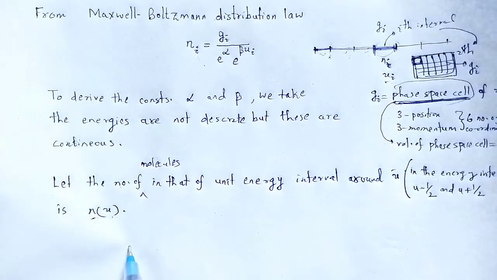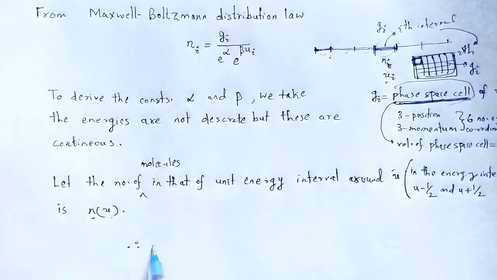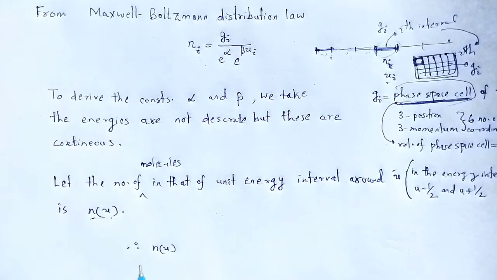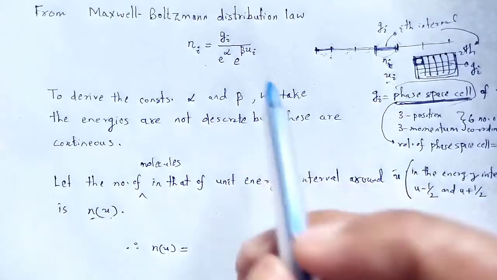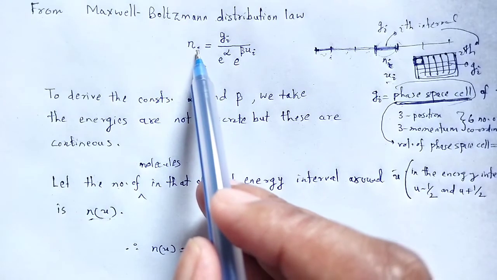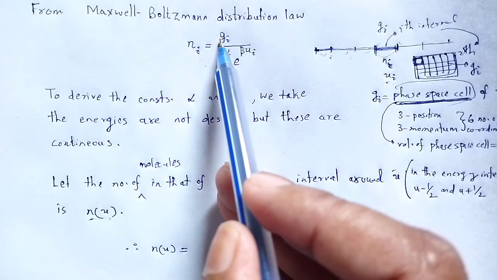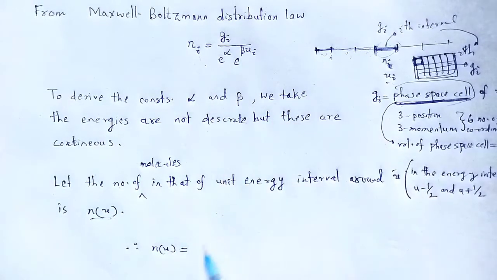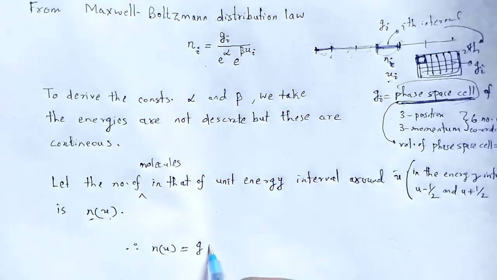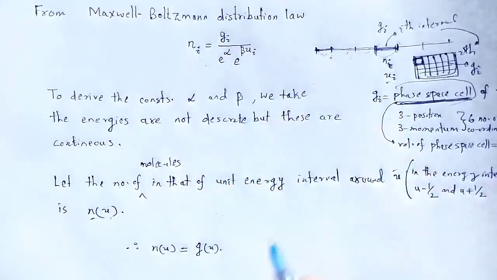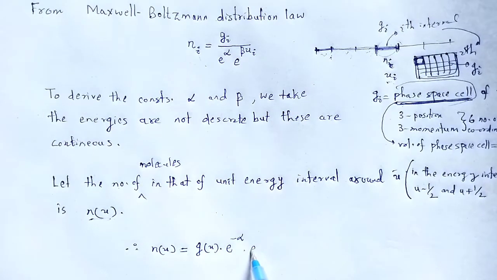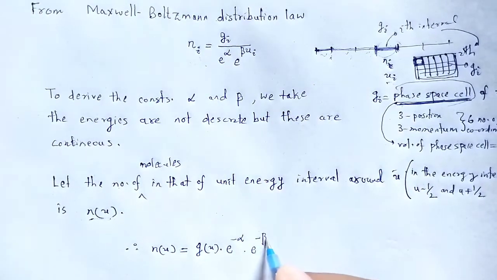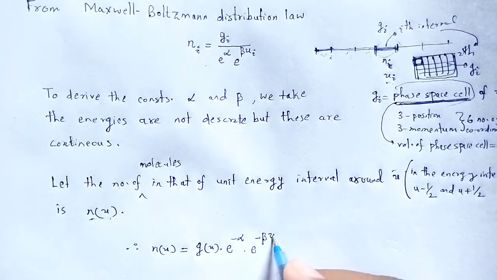Therefore Nu, the number of molecules in the unit energy range, is equal to Gu into e to the power minus alpha into e to the power minus beta U.